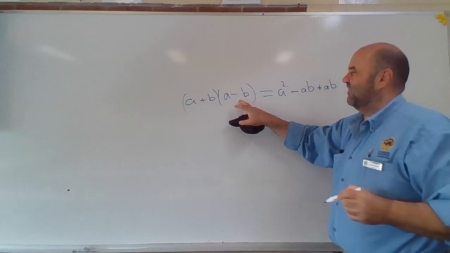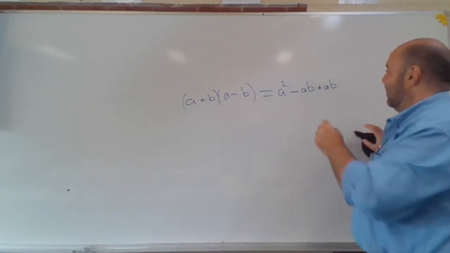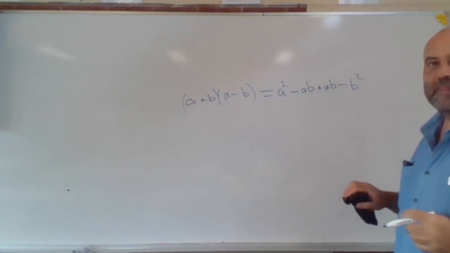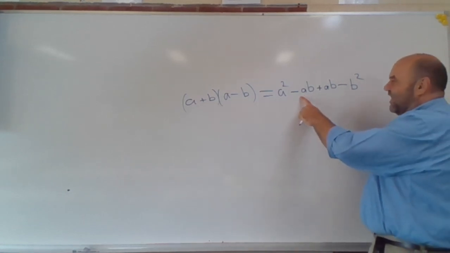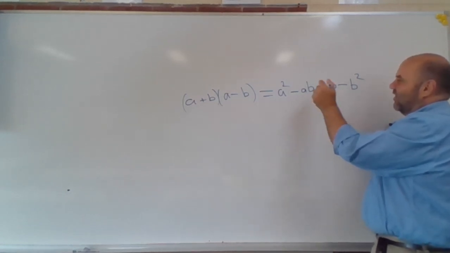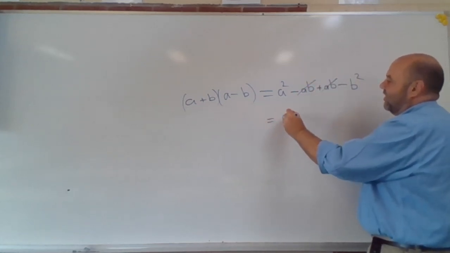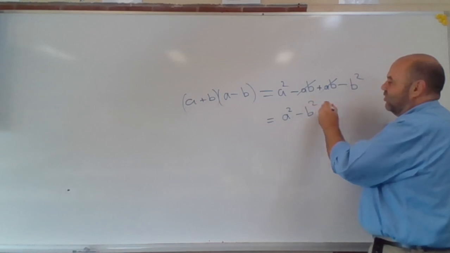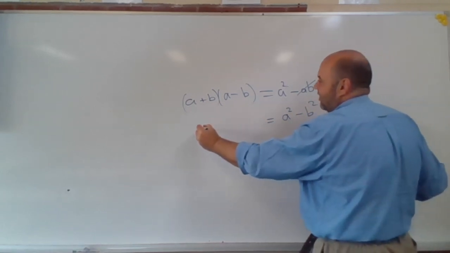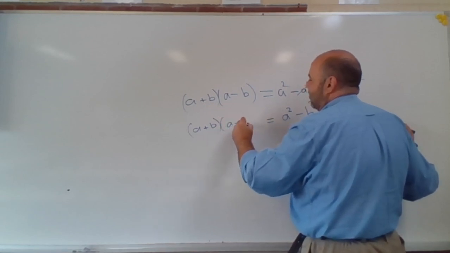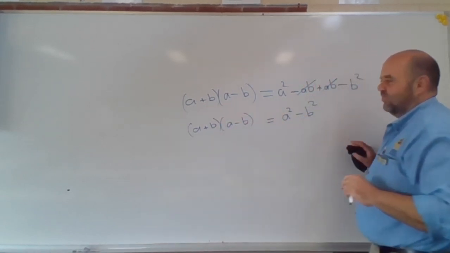And then B times negative B gives me a negative B squared. So look at this. I've got a negative AB and a plus AB. Well, they're going to cancel each other out, and so I'm left with A squared minus B squared. So here's another important result for us: A plus B, A minus B, is A squared minus B squared.